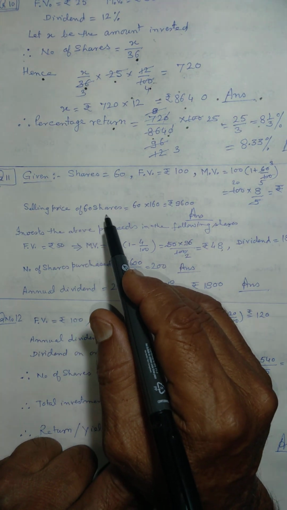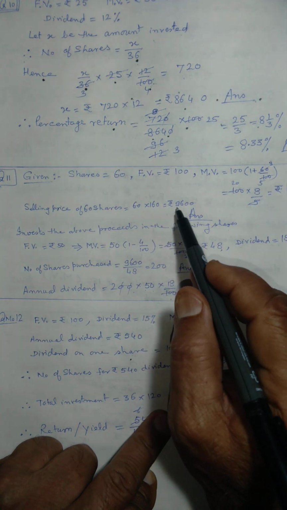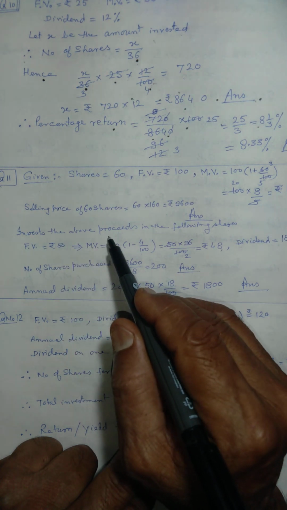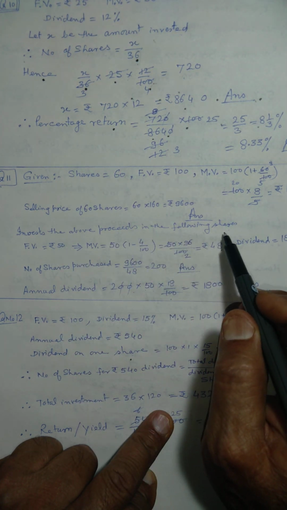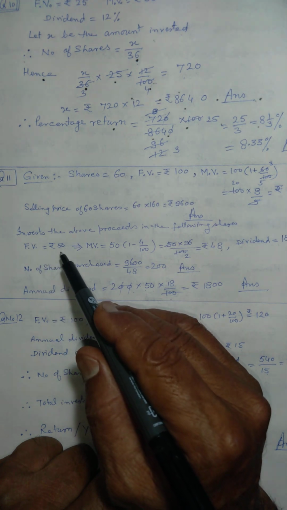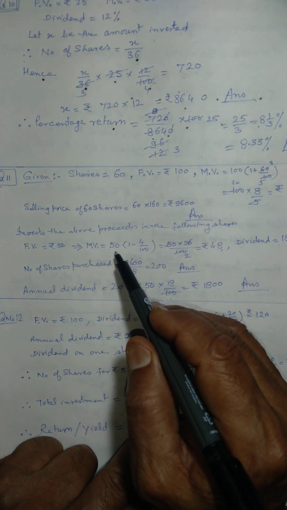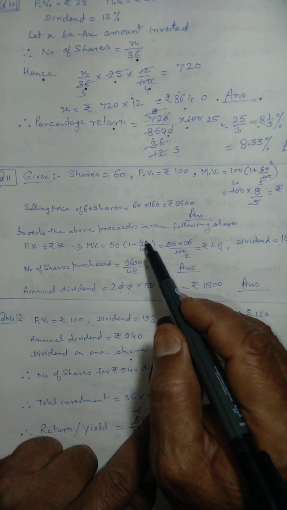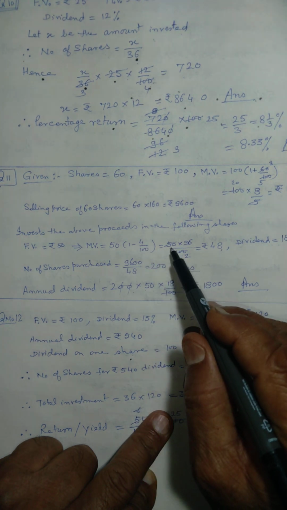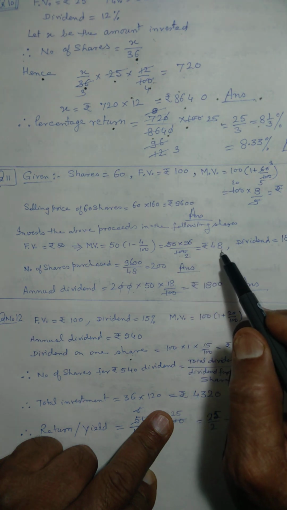Selling price of 60 shares is equal to 60 into 160 is equal to 9,600. Investment: the above proceeds in the following shares, face value is equal to rupees 50. This gives you the market value will be equal to 50 inside the bracket 1 minus 4 by 100. Here it is a discount. So that is why 50 into 96 divided by 100, it will be equal to 48.